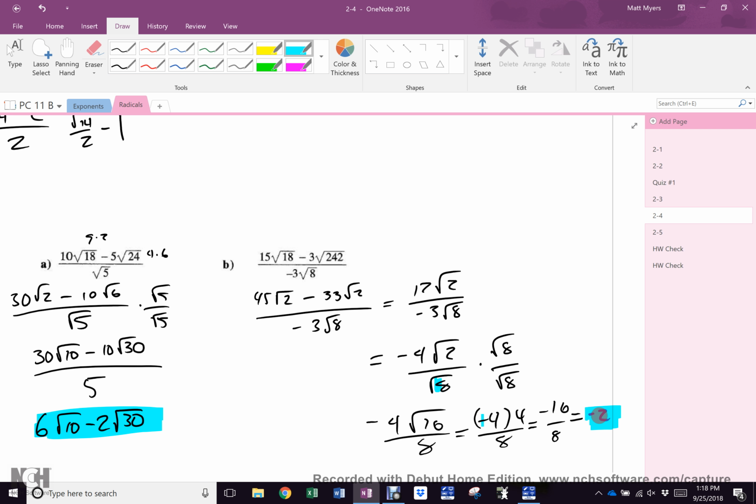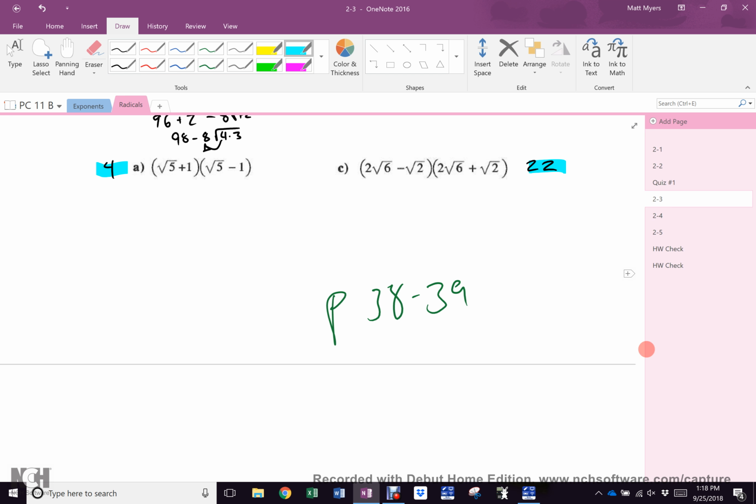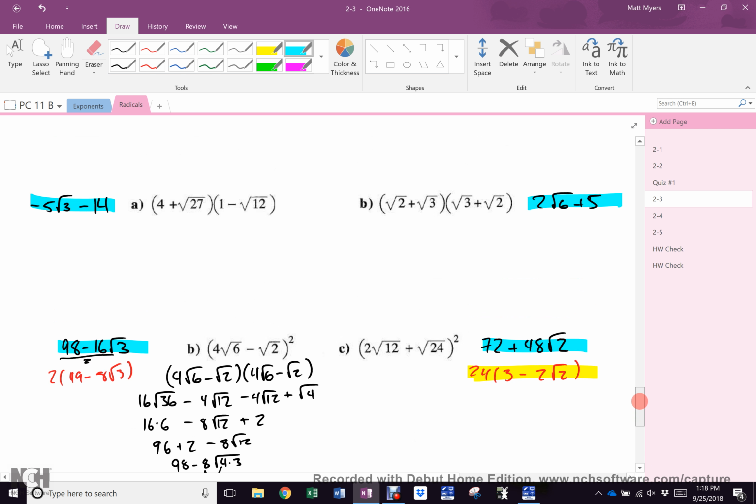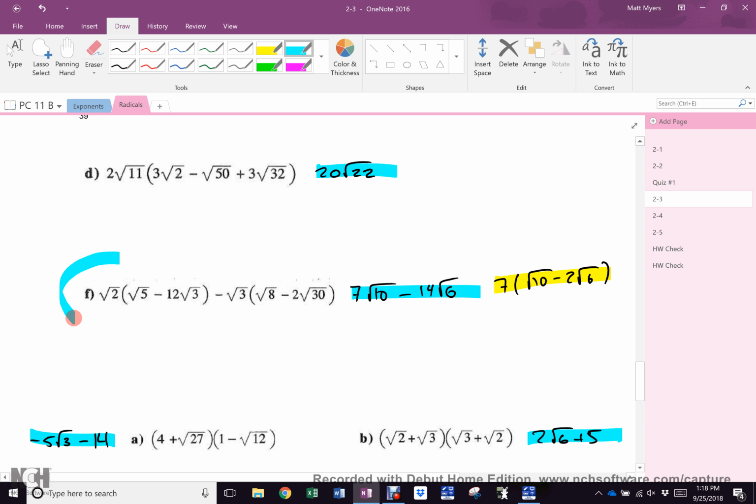But to do one of those questions, you need to remember distributive property, which we did on this page right here.